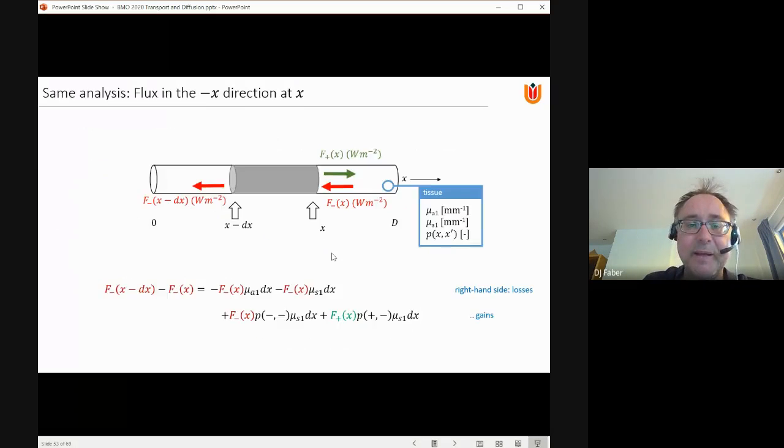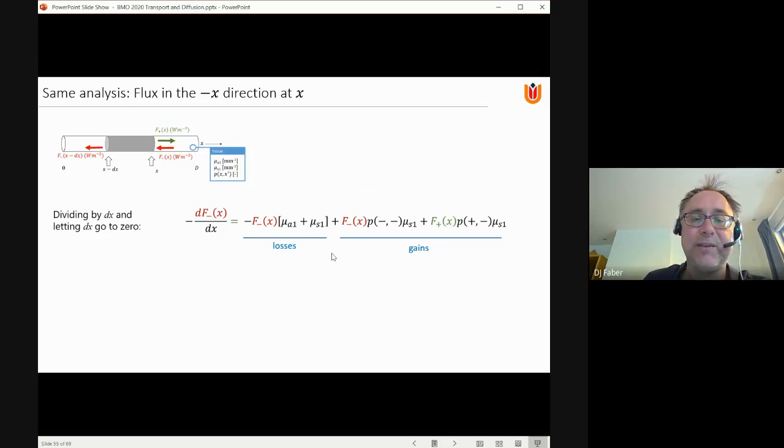Now, of course, we can do the same exercise for the flux in the negative direction. I'm not going to repeat all the terms again, but the analysis is more or less the same. We first write out all the gain and loss terms. Then we try to get rid of terms. Then we take a differential, so we let the volume go to dx, a very small value, so that the left-hand side becomes a differential.